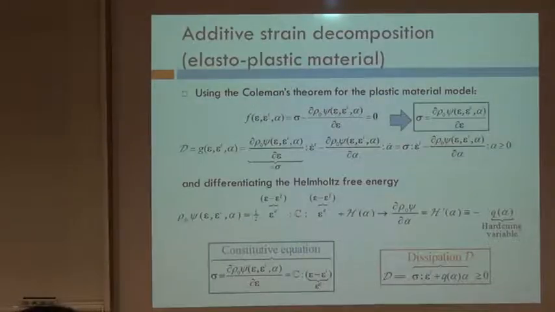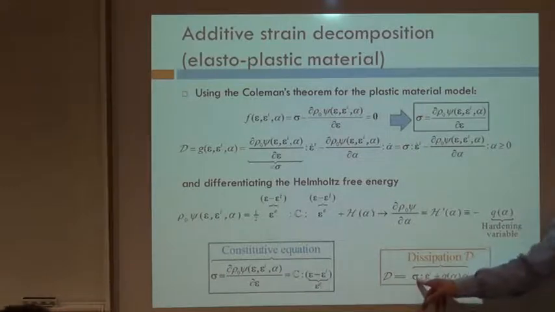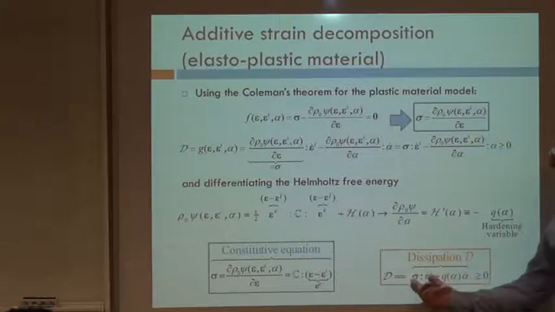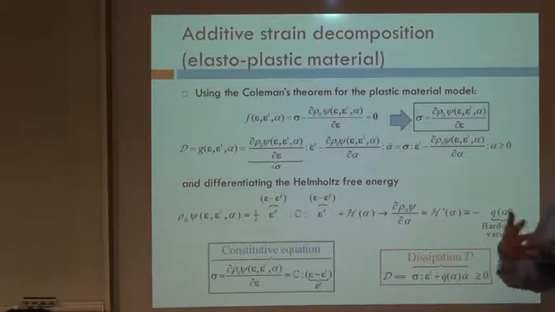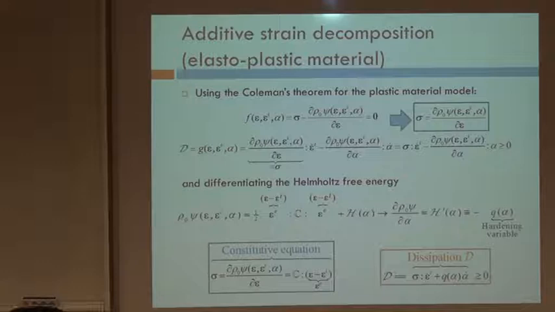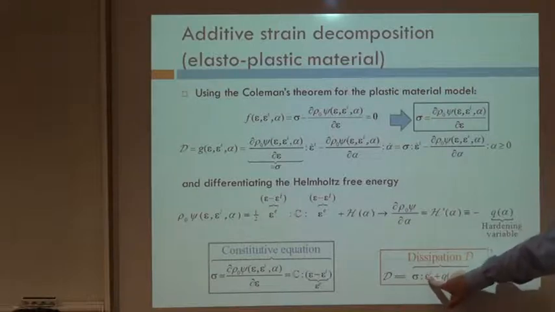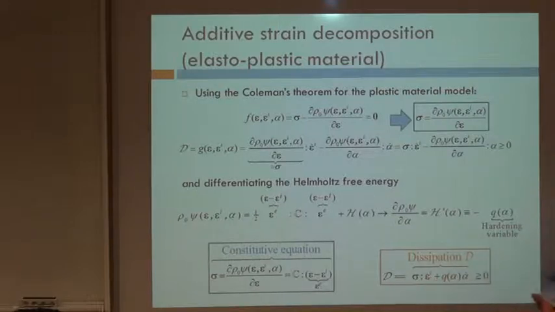That is good to remember. The dissipation is the product of the stresses times the inelastic strains. So, to speak, if we think of it as the work of the stresses, sigma times epsilon dot, what is sigma times epsilon dot? It is the stress power per unit of volume. It is the work of the stresses, okay? But the work of the stresses under the inelastic strains is dissipative.